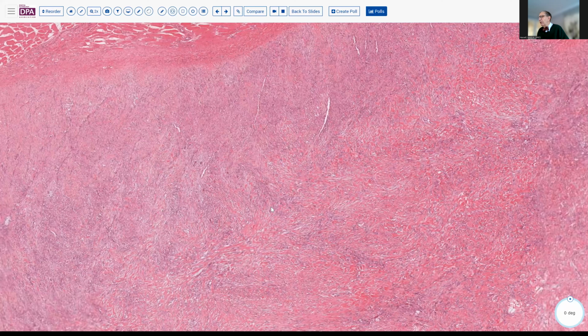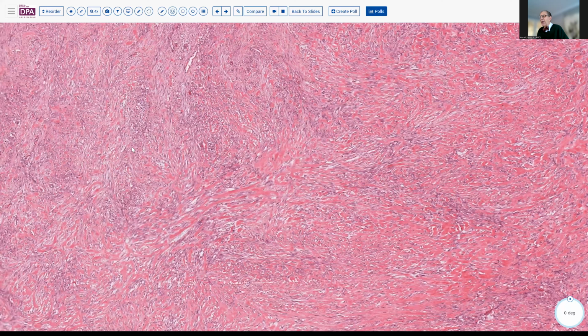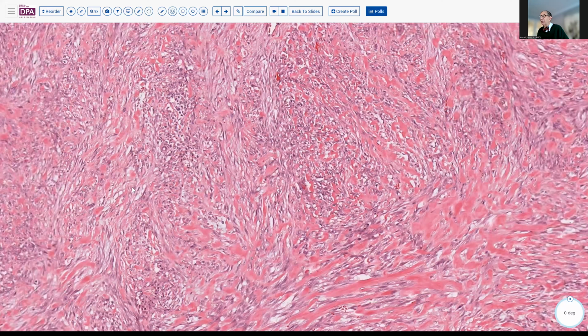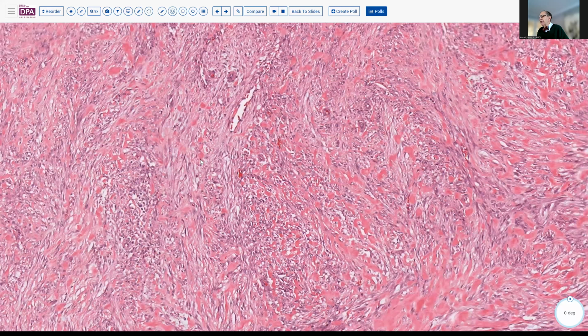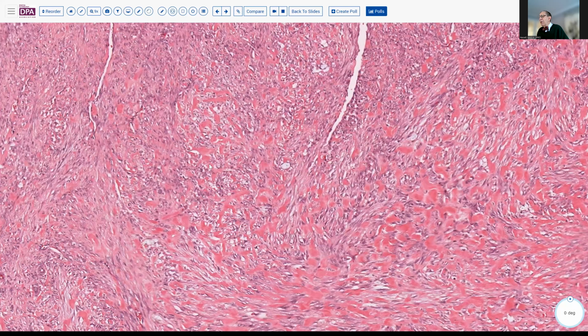And as you can see here, we've got some collagenized tissue and a lot of sort of spindly cells in the background. As we look at this, we can see there's kind of a lot of this collagenized tissue, some delicate vessels. And not much in the way of atypia.